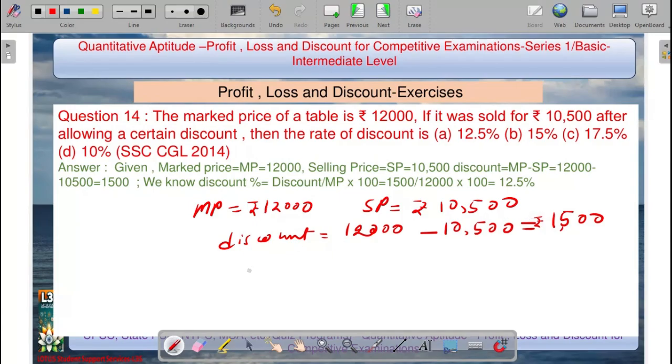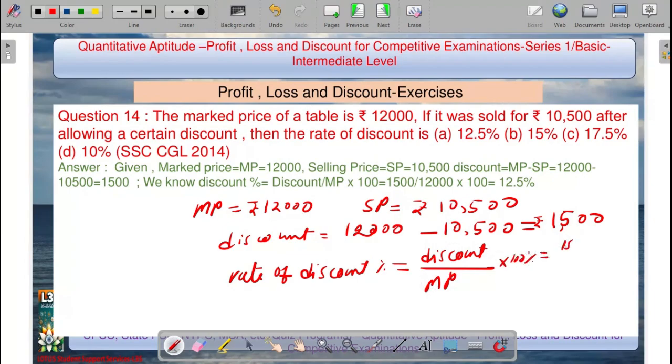Now we have to find the rate of discount, that is the percentage. This equals discount by MP into 100%. So this will be 1500 by 12,000 into 100 percent.